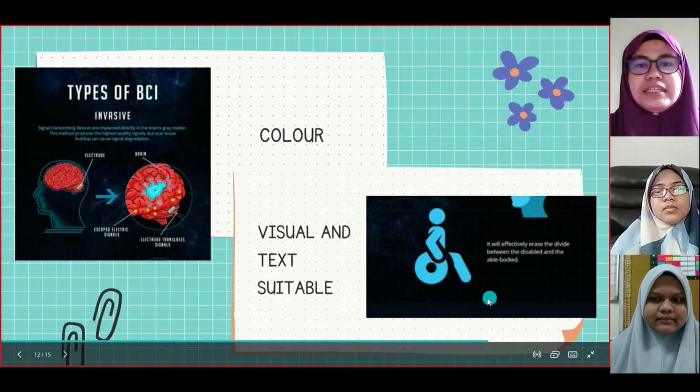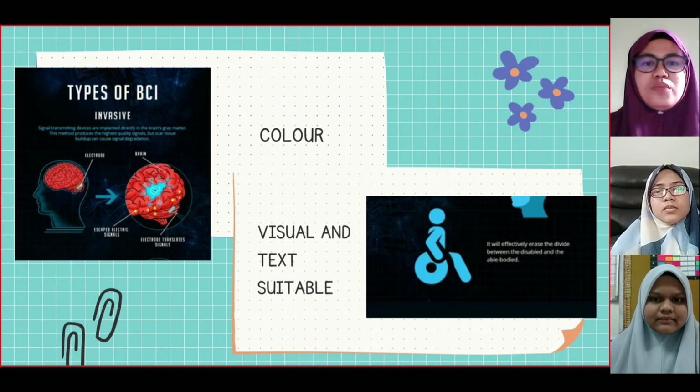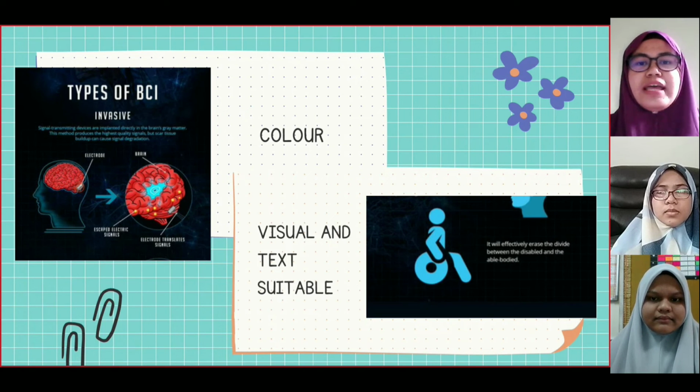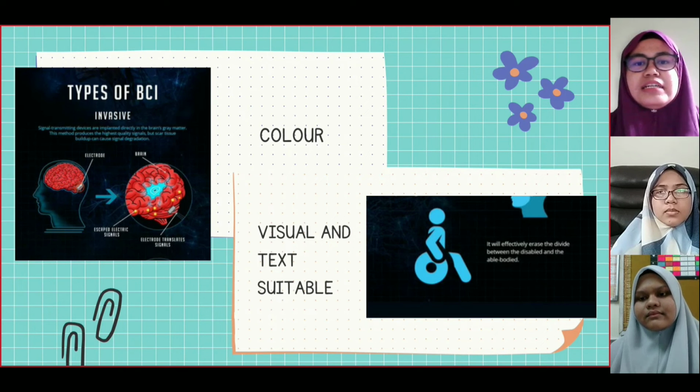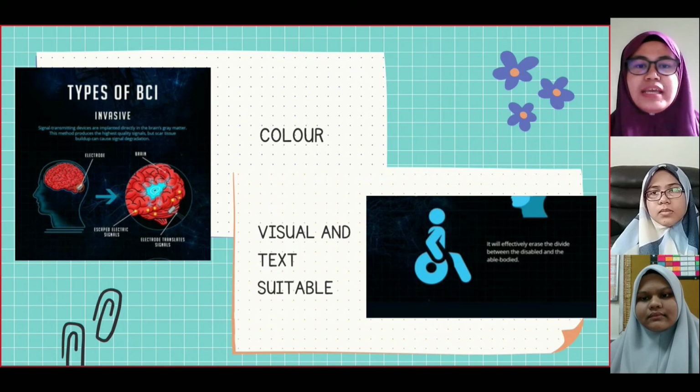For example, the infographic says it will erase the divide between the disabled and the able-bodied, while the picture shows a disabled person in a chair. The picture shows a friendly disabled body. This proves the compatibility between text and image in the infographic.